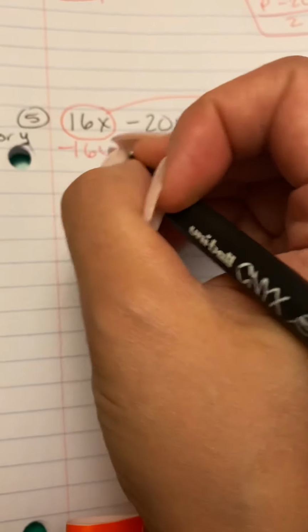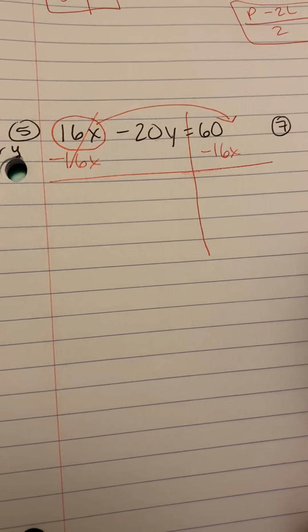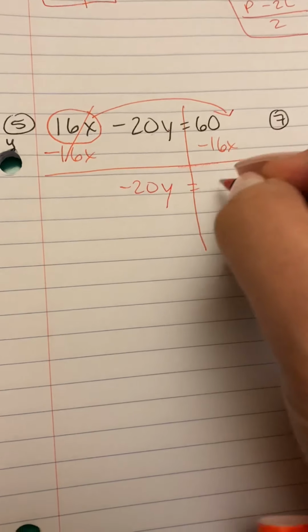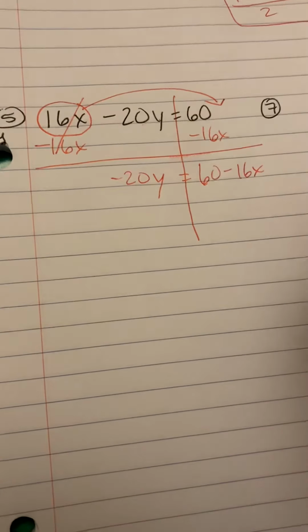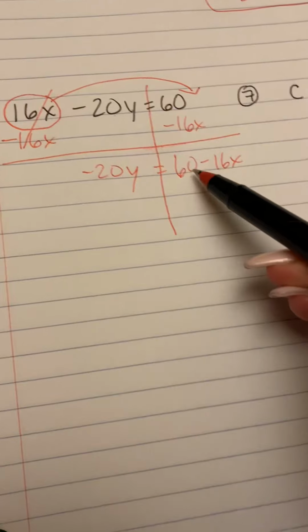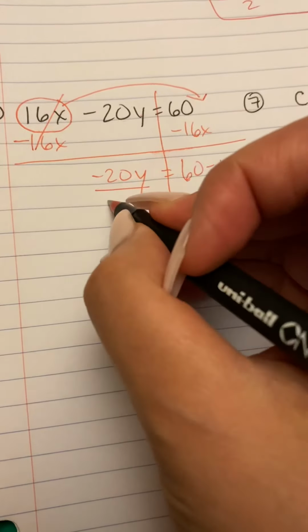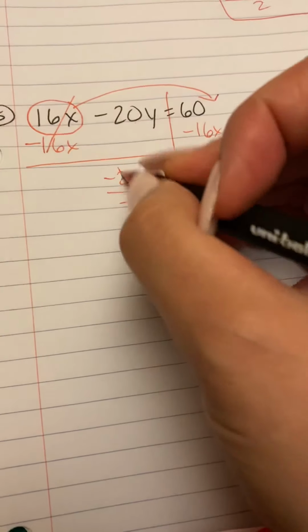So that's minus 16x, minus 16x. So we can get rid of it. Bring this down, so that's minus 20y equals 60 minus 16x. Do not subtract those two. They're not the same. This one has an x, this one doesn't. Okay, and then at the very end, these two are multiplying, so we're going to divide by -20 everywhere.